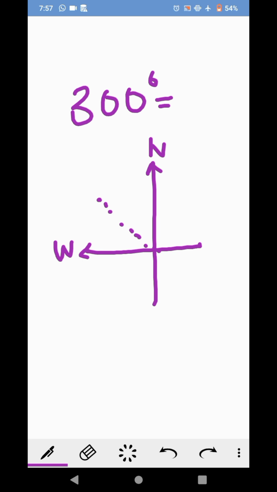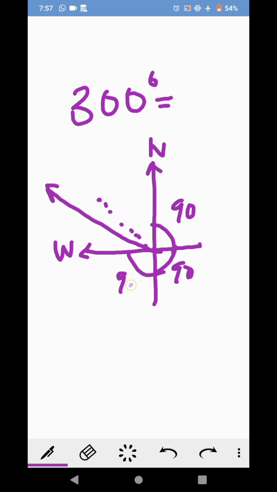So 300 degrees is going to be below. And if you split, moving from the north, you have this place to be 90, here to be 90, here to be 90, and that's 270, and here must be 30 degrees.